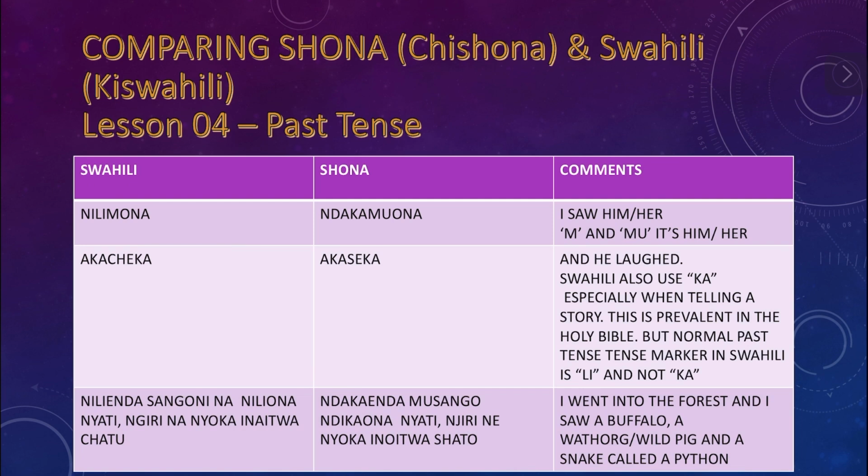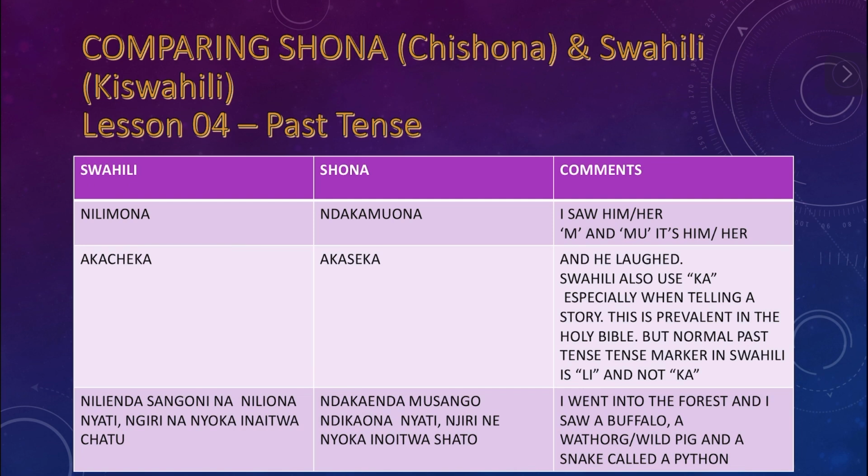In Shona, ndakaenda musango, ndikaona nyati, njiri, nenyoka inoitwa shato. In English, I went into the forest and I saw a buffalo, a warthog or a wild pig, and a snake called python.